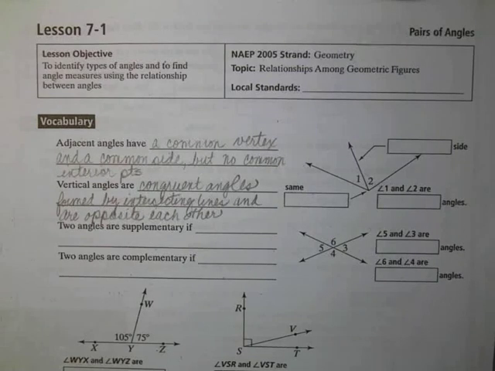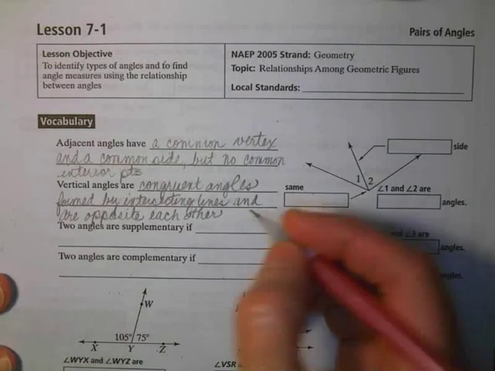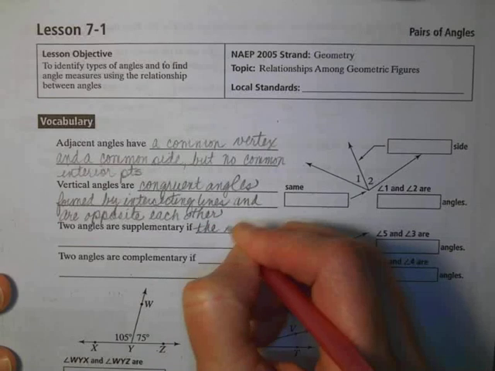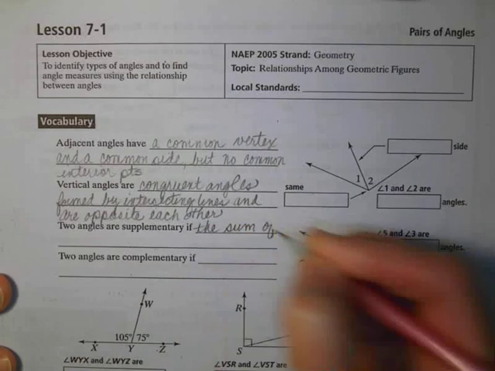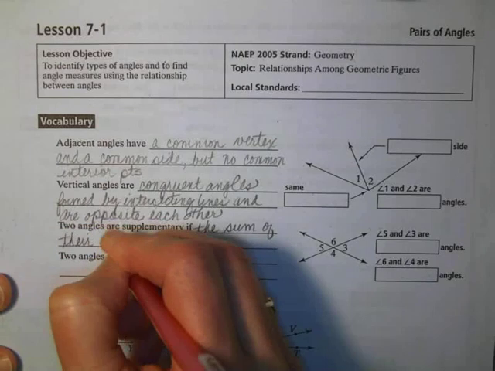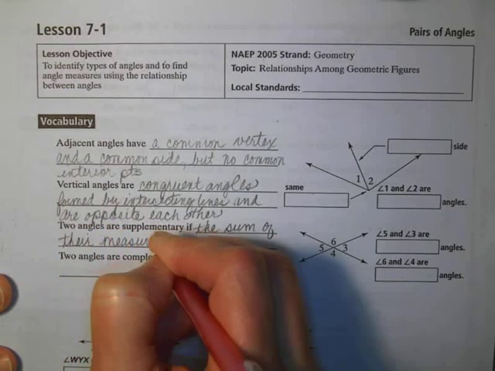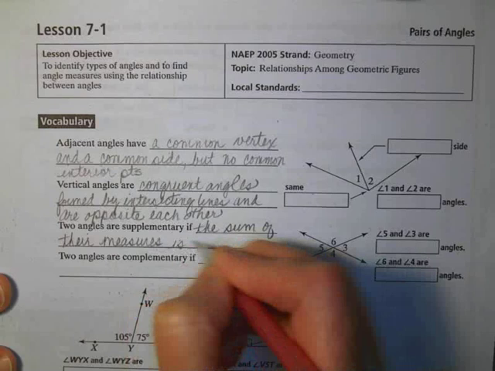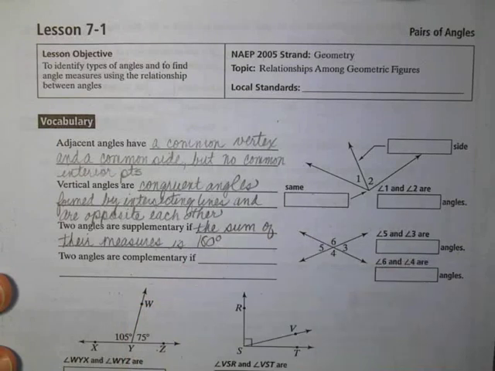Two angles are supplementary if the sum of their measures is 180 degrees.